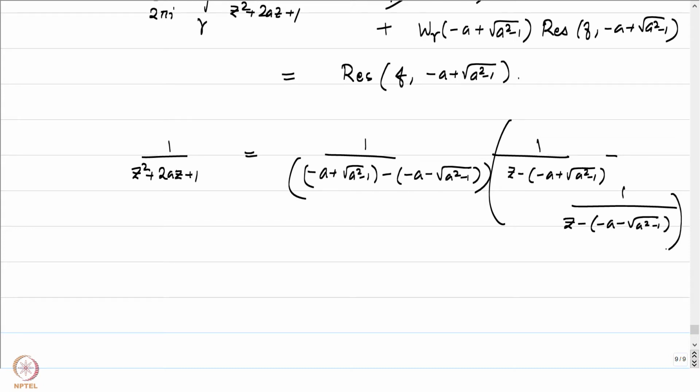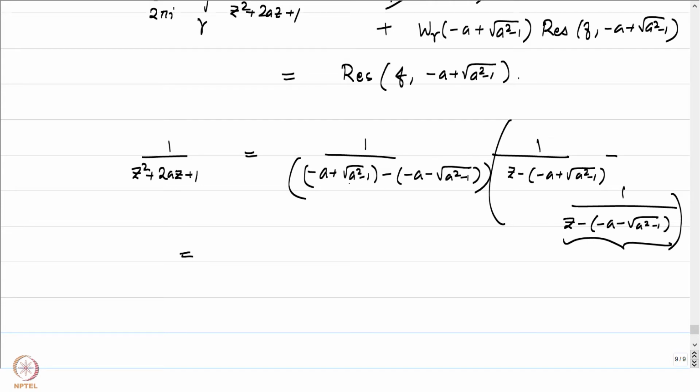Right. So now if you look at the residue of this function, notice that the second term is going to be a function holomorphic on the unit disk, because minus a minus square root of a squared minus 1 lies outside the unit disk, and what contributes is exactly the first term. Therefore, let me just write down the expression here.